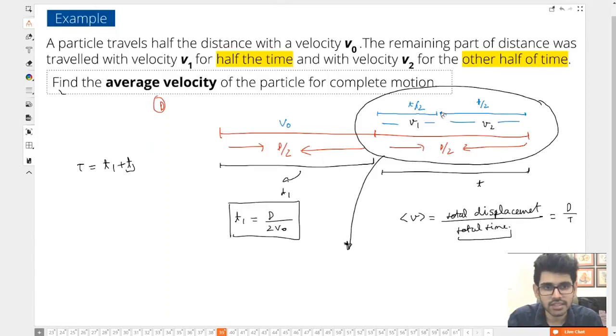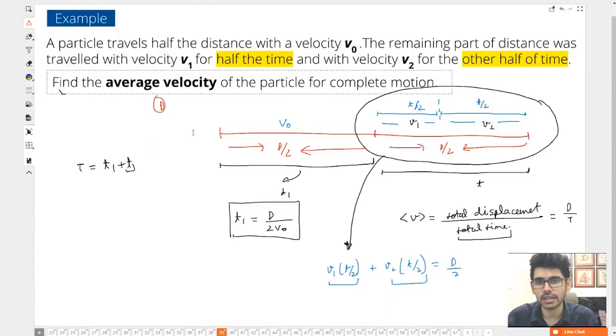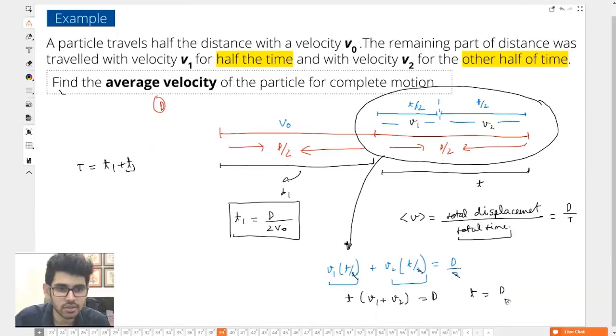The distance covered in t by 2 time: v1 into t by 2 plus v2 into t by 2 is equal to D by 2. This is distance, another distance, equal to D by 2. From here calculate t and substitute the value. The 2 cancels, so t is equal to D upon v1 plus v2.